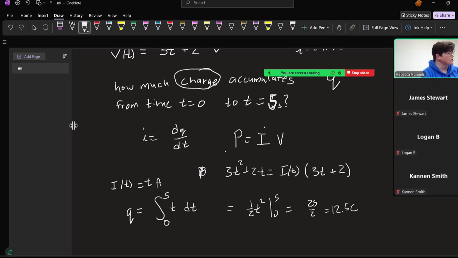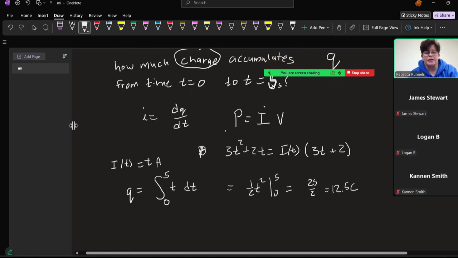A coulomb is a very large amount of charge. Yeah, because in physics we're dealing with nanocoulombs. Right. So this is just a problem I made up with numbers that would be easy so that we could practice that. Okay, let's do one more.